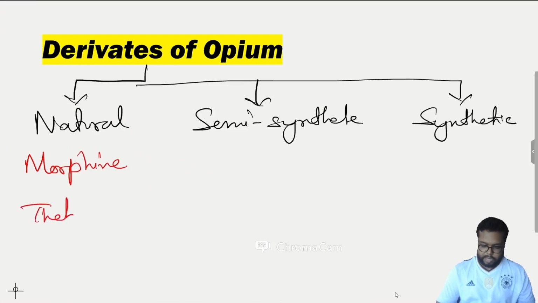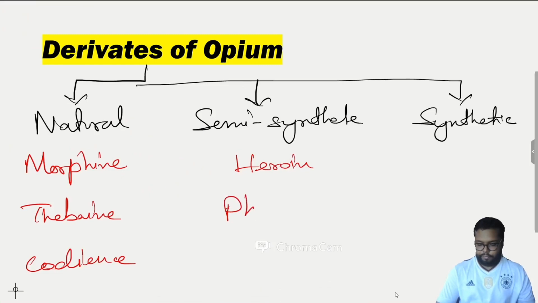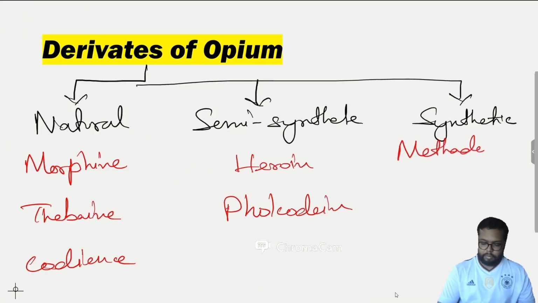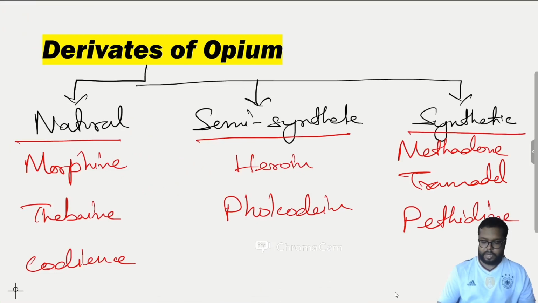We have thebaine and we have codeine, which is used as an antitussive. Under semi-synthetic, we have heroin. Under synthetic, we have methadone, tramadol and pethidine. So these are the natural, semi-synthetic and synthetic derivatives of opium.